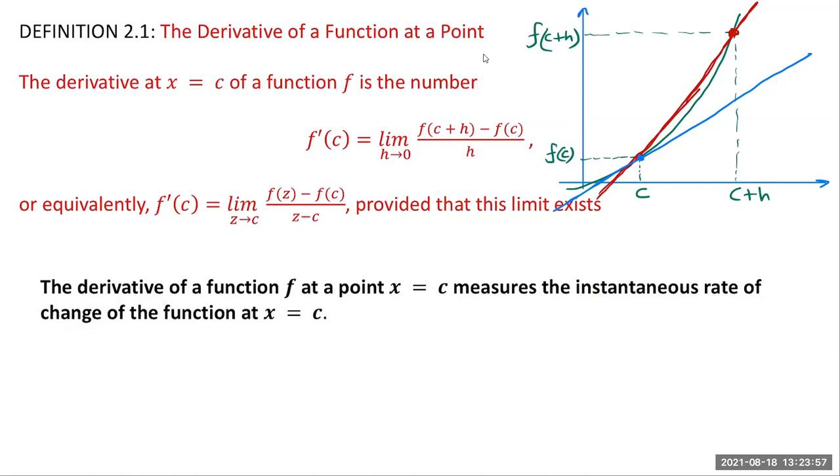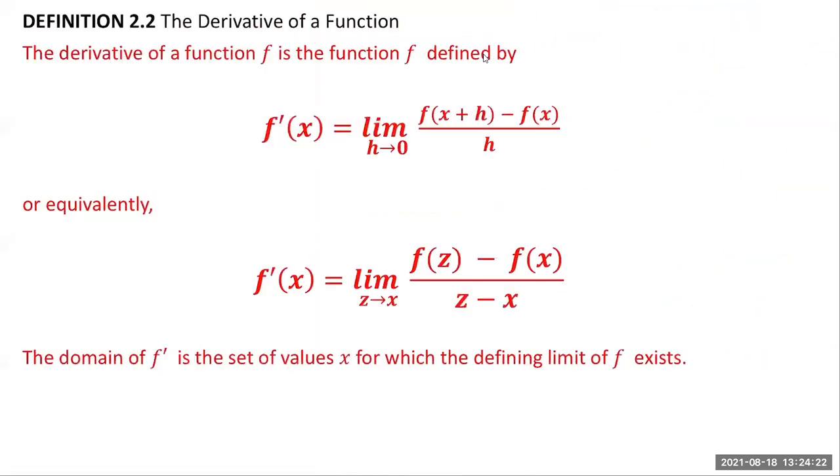They are kind of synonyms. Derivative, instantaneous rate of change. All right, so this is the definition of the derivative at a point x equals c. We need to be able to use both of these definitions to find the derivative. Doesn't matter what definition you use, both definitions should give the same answer.